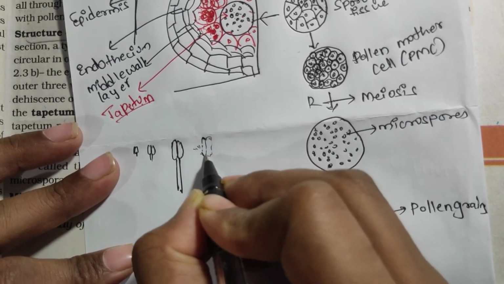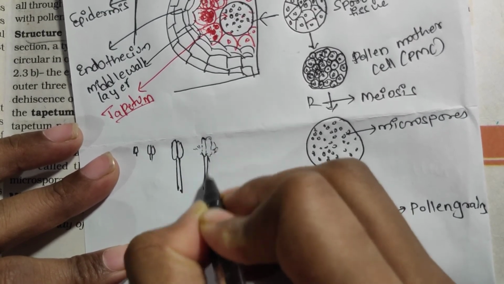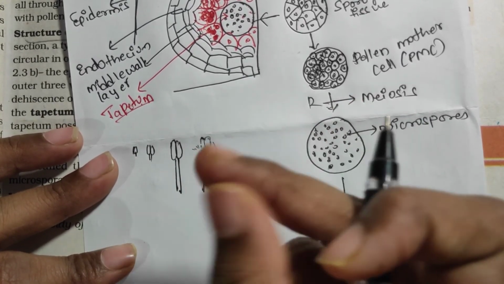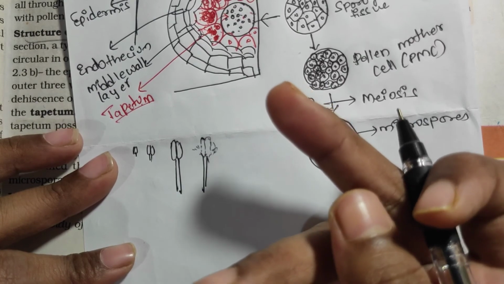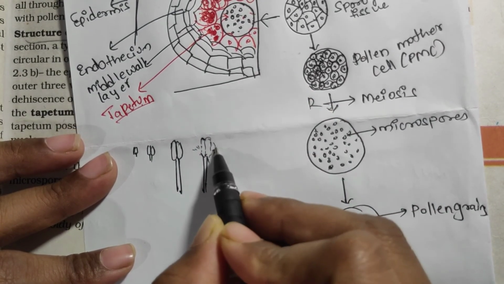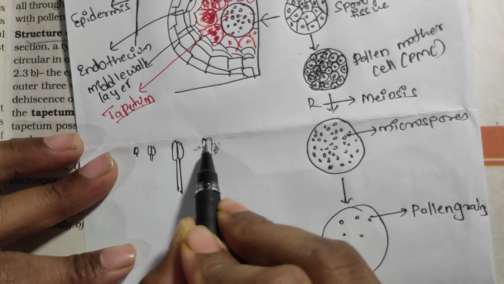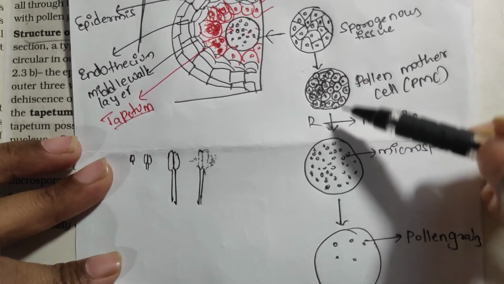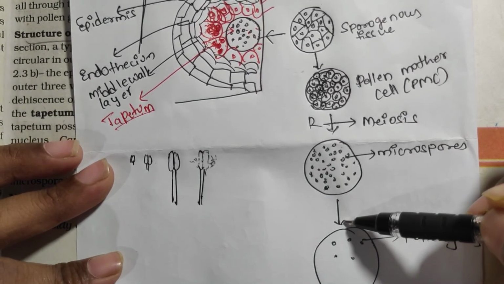All pollen grains are going to come out. Whenever you touch the hibiscus flower, we get yellow colored powdery substances, right? Those are nothing but pollen grains. In this fashion the anther is going to develop, and the inner side tissues are developing in this fashion.